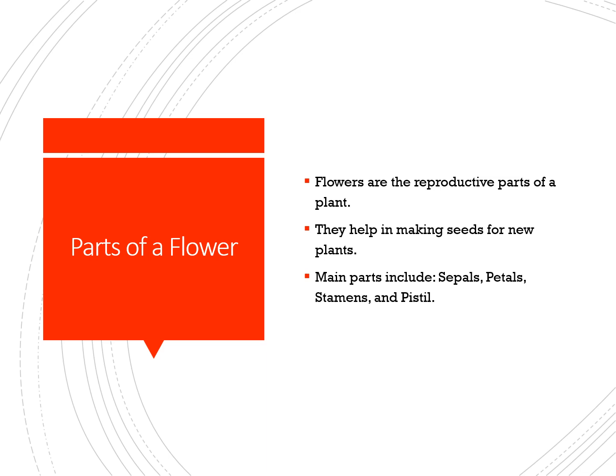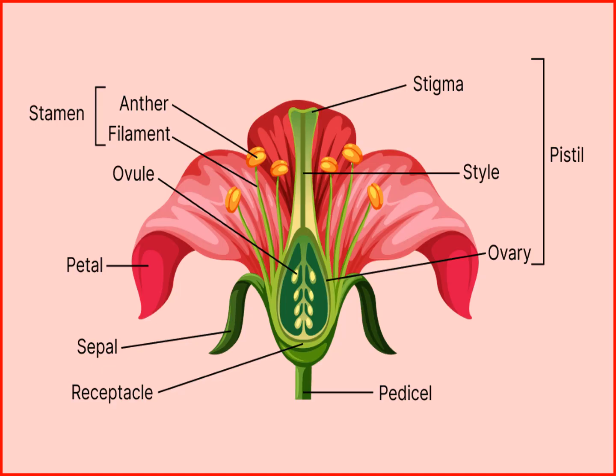The parts of a flower include sepals, petals, stamens, and pistil. This is a labeled diagram of a flower. Starting from the top left, let's see anther and filament. They are collectively called stamen.